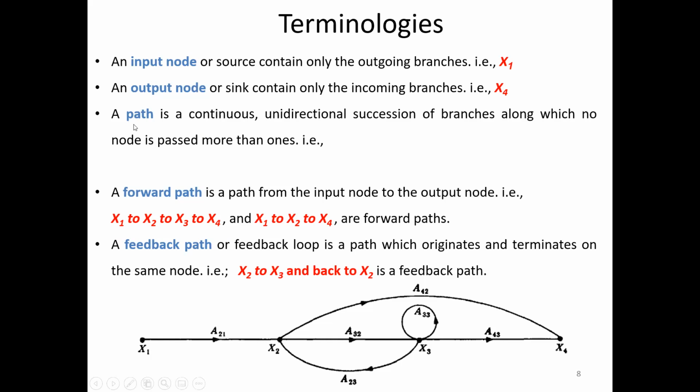So we define here a path. What is a path? It is a continuous unidirectional succession of branches along which no node is passed more than once. This is the definition of a path. That means a continuous branch traversal from one point to the other point.